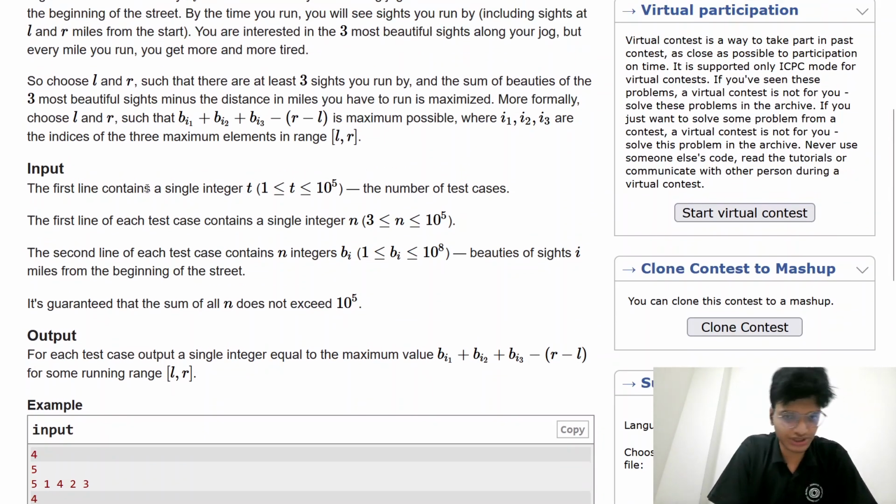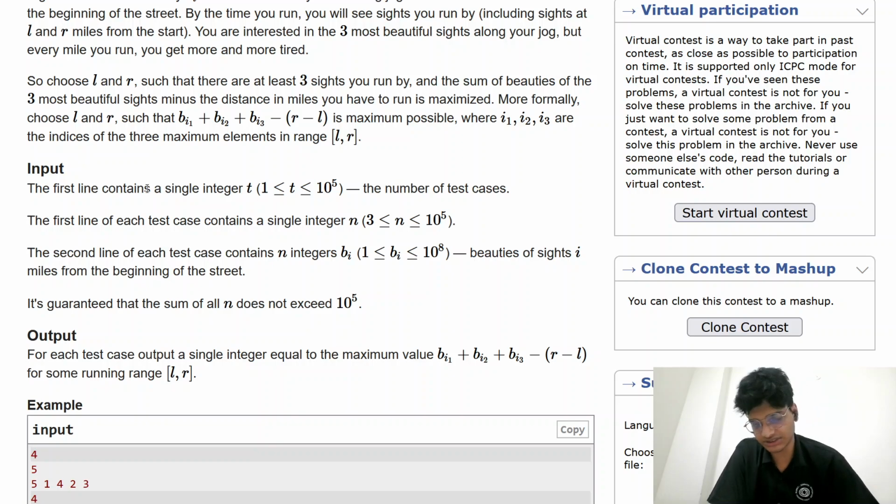So what is the question saying? We start from some site, say the ith index, and we end at some jth index, and in between in that jogging we have to choose a minimum of three sites.